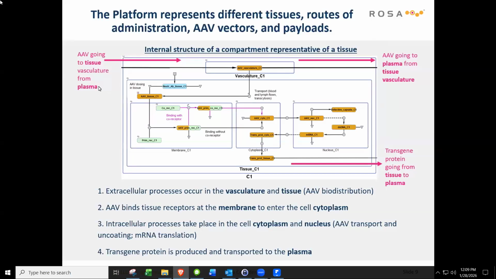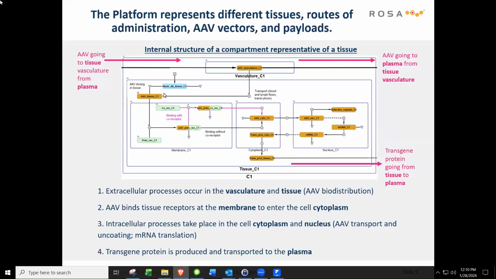In this compartment, if we go to the top left, we see that from plasma, AAV will come to the tissue on the right, in particular to the tissue vasculature, which is represented in this compartment at the top as a small compartment. And of course, AAV will leave this tissue vasculature to go back to the plasma on the right.